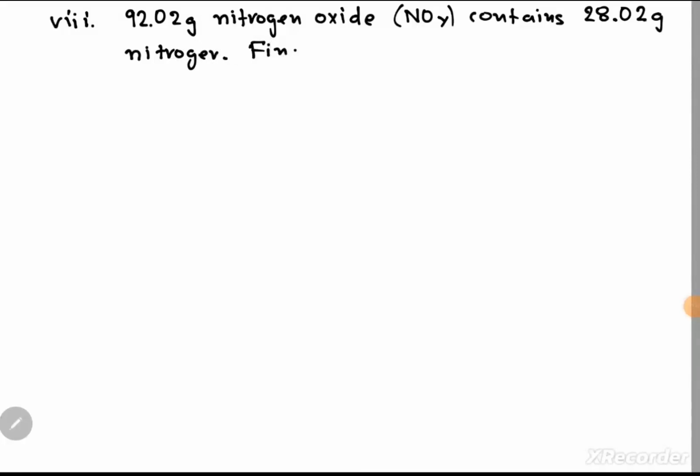Find the molecular formula of nitrogen oxide.